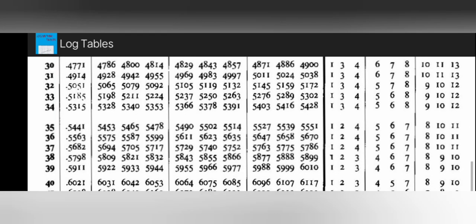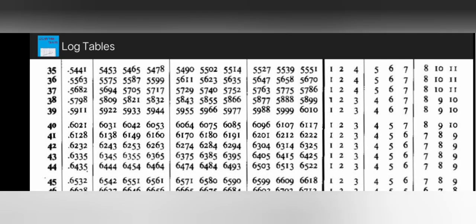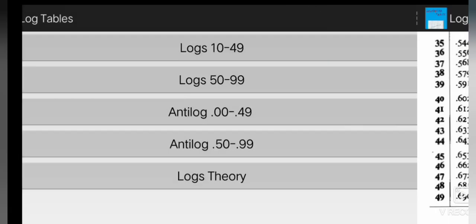Next, log of 40. 40.00, row 40 under column 0 will give the value 0.6021, and there is no column of 0 for the fourth digit, so the total value is 0.6021.